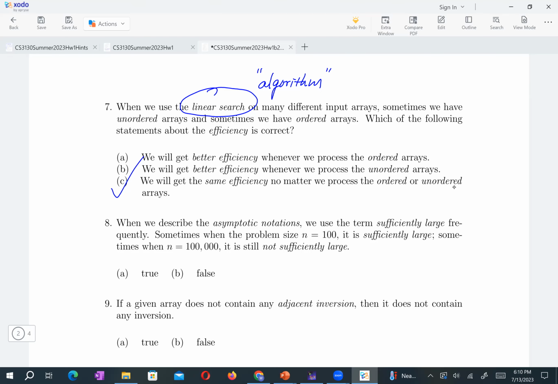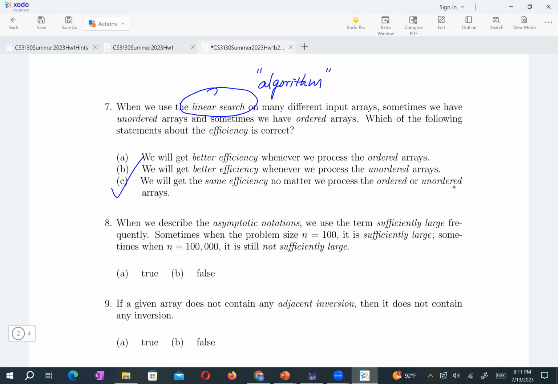Here, one thing we can learn from this question: do not treat the computer the same as a human programmer. We have eyes, so we know the array is ordered, and then we will process it with a better algorithm.